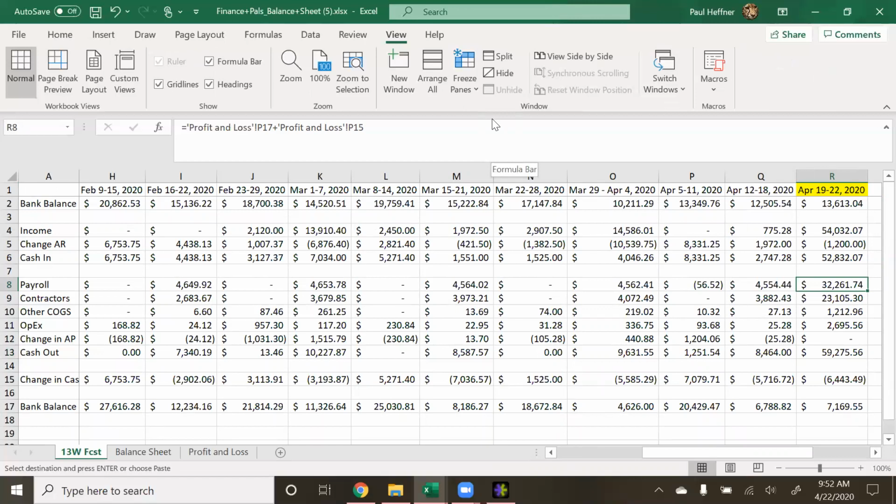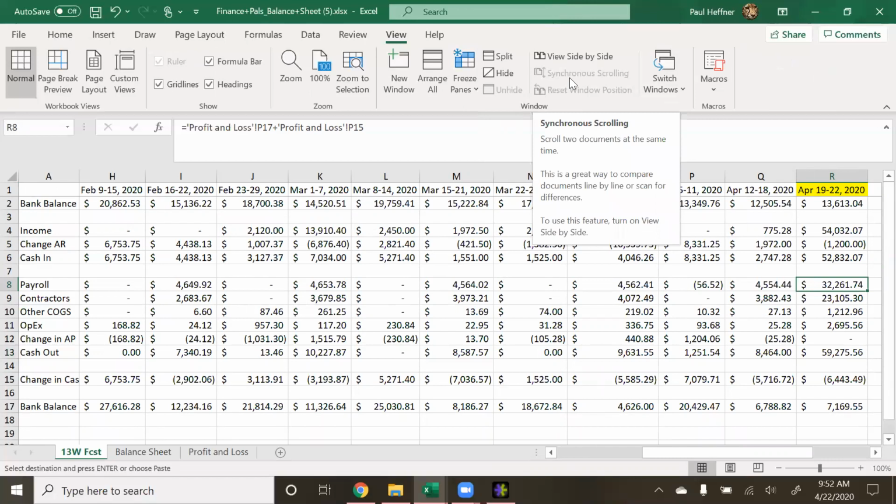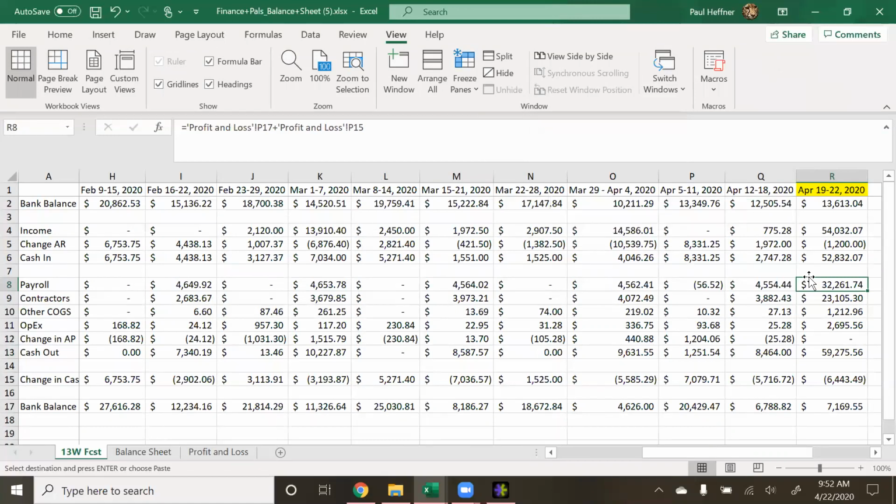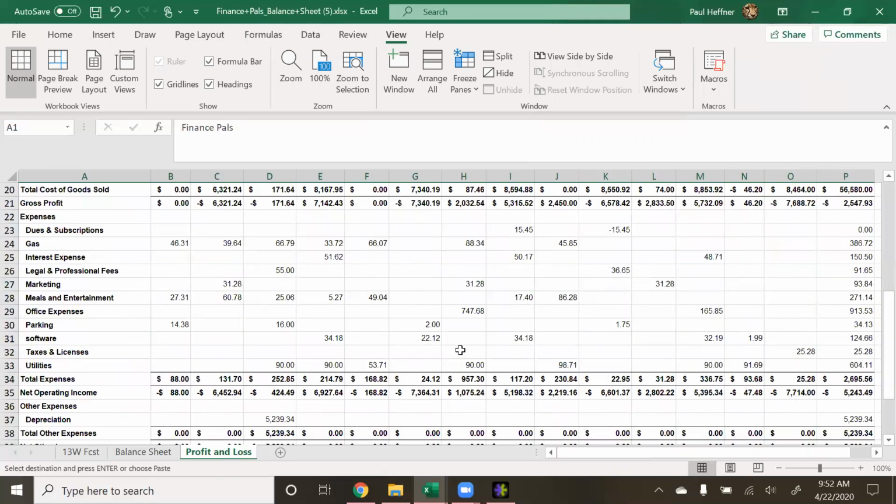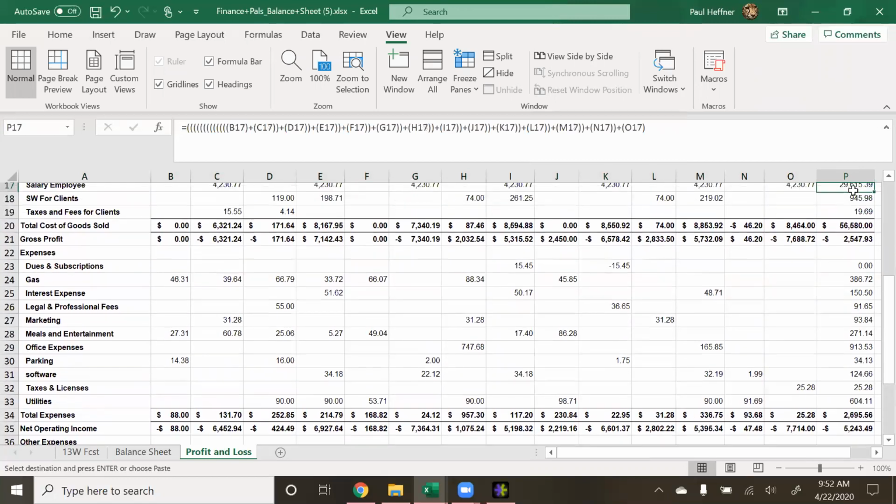Oh, I know why. So what it's doing is it's pulling the totals for the profit and loss and things like that. So we're off a week somehow. 19th, 22nd. Pulling column P. Somehow we got off on our weeks.